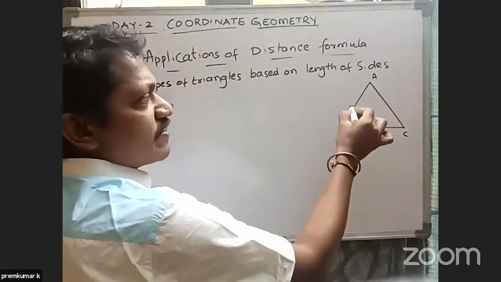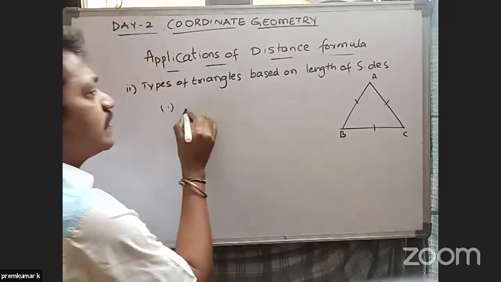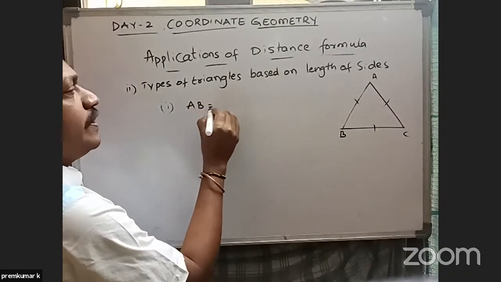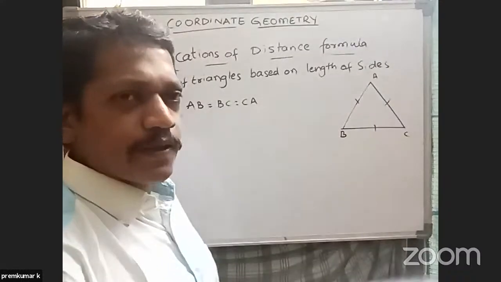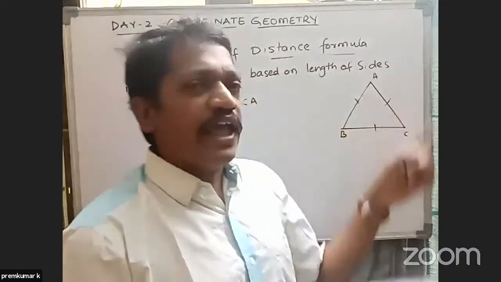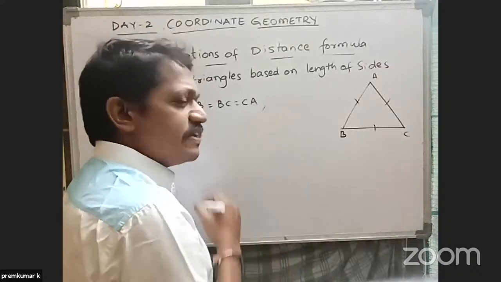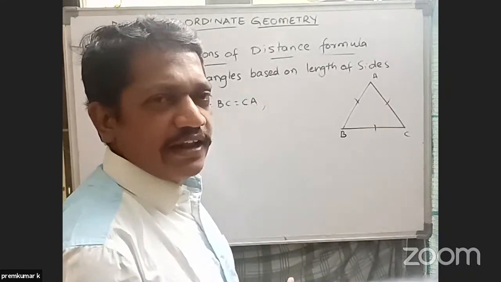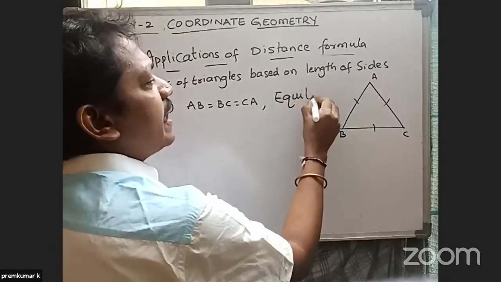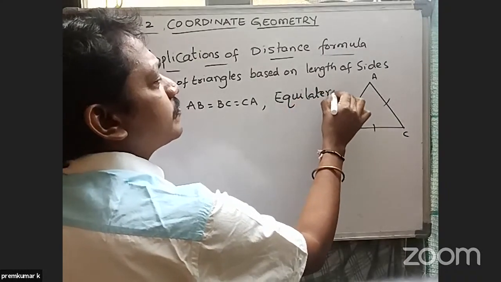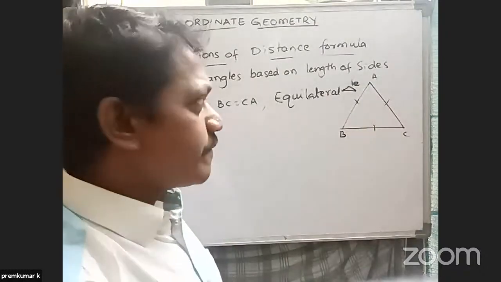If you find the distance of AB, BC, and AC, and if AB is equal to BC is equal to CA, if these 3 lengths are equal, then you know which type of triangle this is? Very good. That is an equilateral triangle.